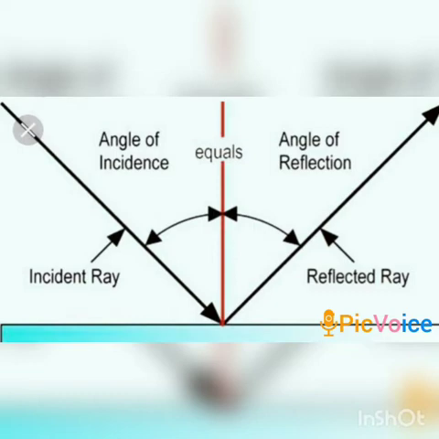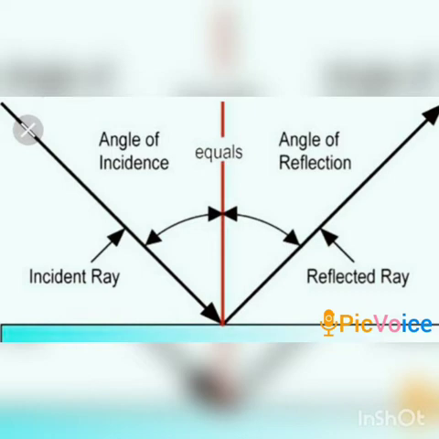Any line perpendicular to the surface of the mirror is a normal, but the line perpendicular at the point of incidence is the normal at the point of incidence.